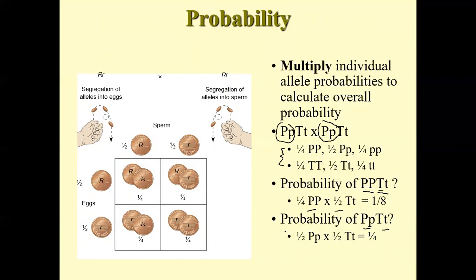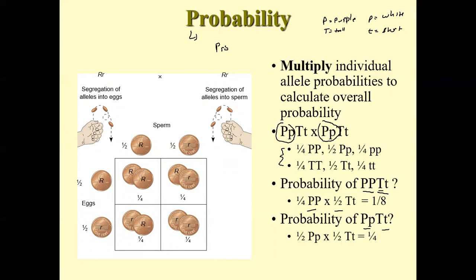Okay, now one final thing I do have to mention would be if I added this to it, what is the probability of getting, let's say if I said big P is purple, big T is tall, little p is white, and a little t is short.